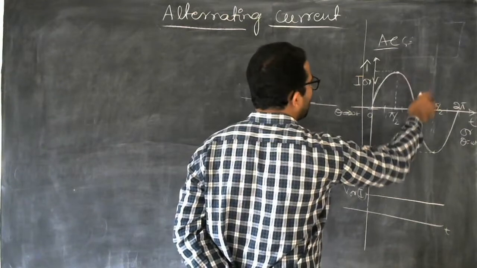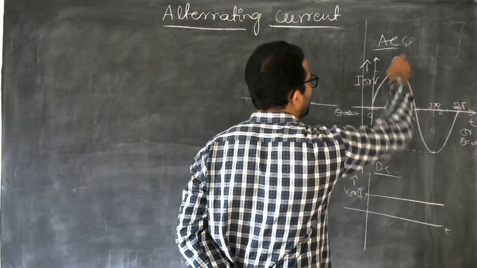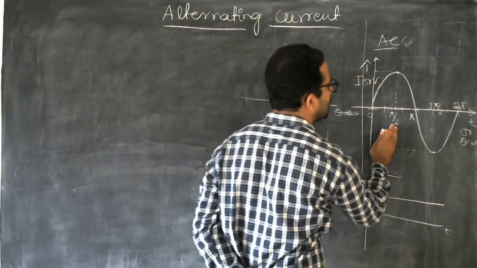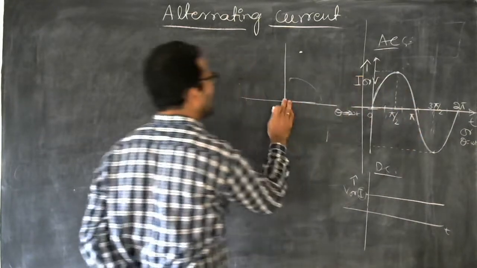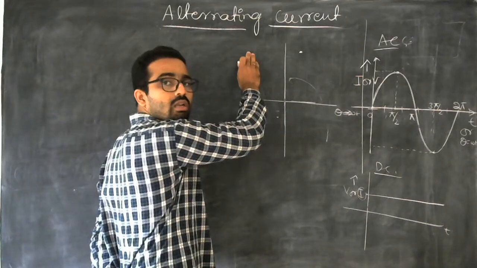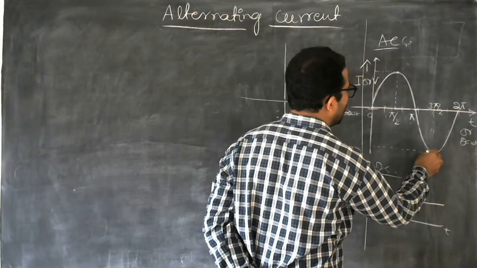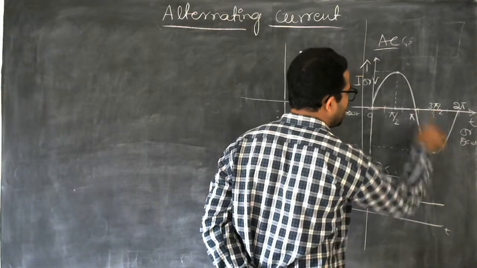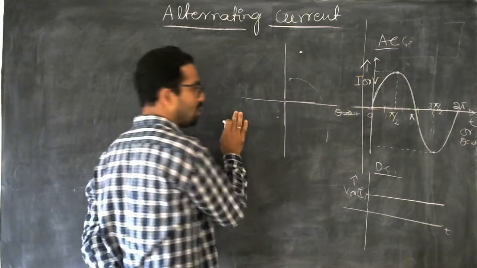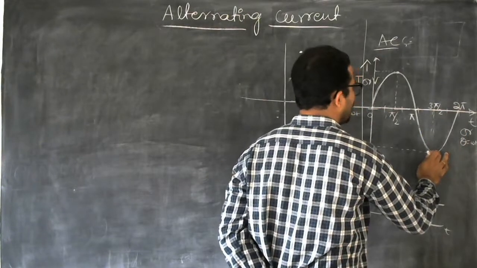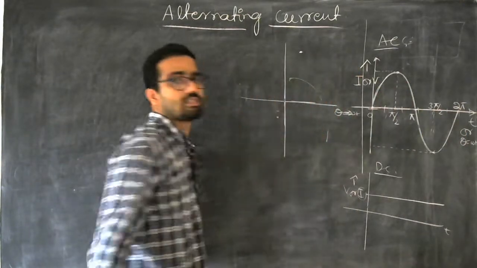All the points of current and voltage from 90 to 180 degrees should fall in the second quadrant. All the readings of current and voltage on the curve from 180 to 270 degrees should fall in the third quadrant, and all the values of the rest of the curve should fall in the fourth quadrant.